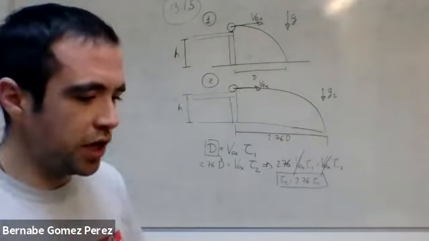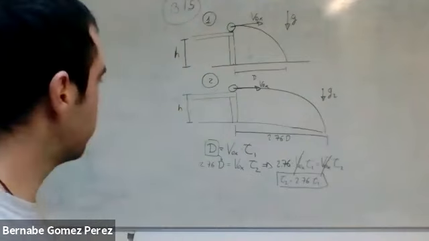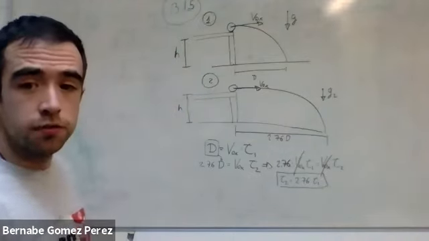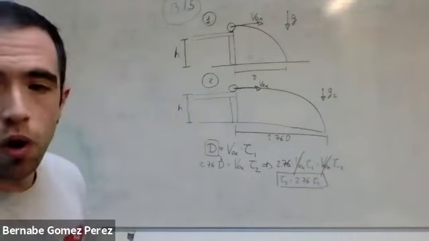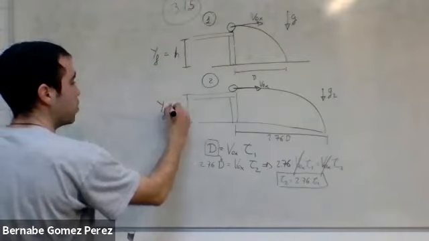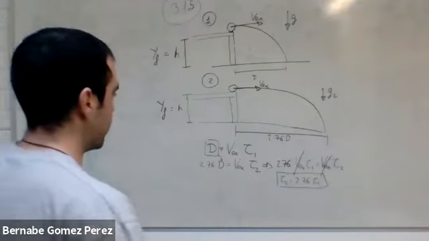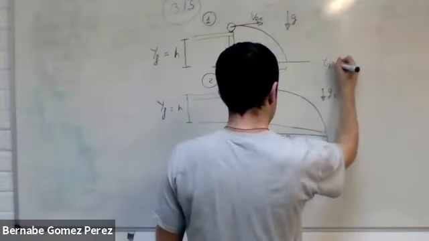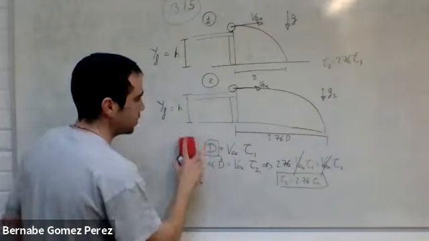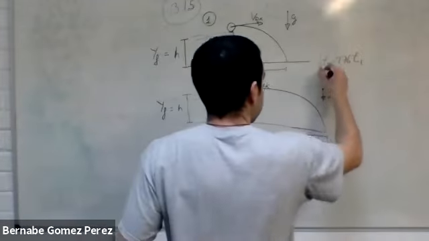Now I'm gonna try to see what happens if I relate the y displacement equations, because I know that both of them, the final y is the same, is h, or whatever you prefer to call it, but you know they are the same because it's the same table. It says in the problem it's the same table, okay? So I'm gonna just skip this, T2 equal to 2.76 T1, and I'm gonna erase that, okay? Just to make a little bit more space. This is important, keep it in mind.